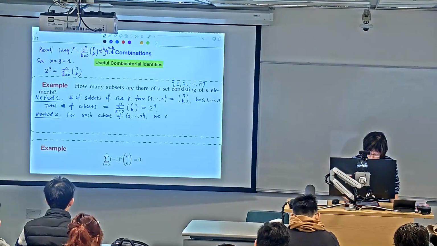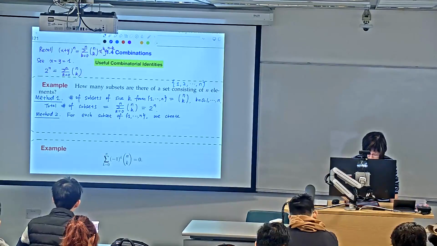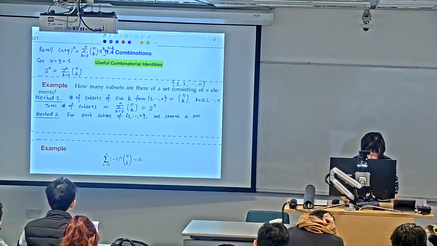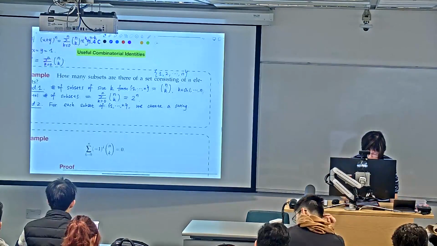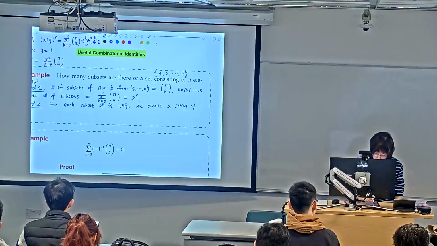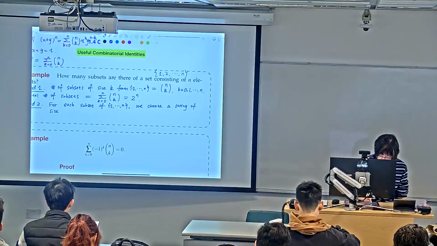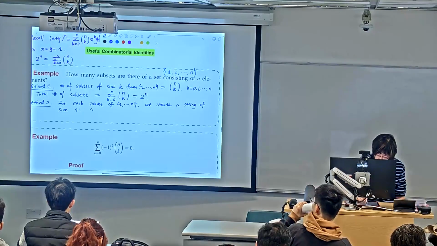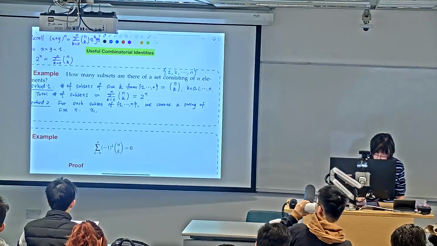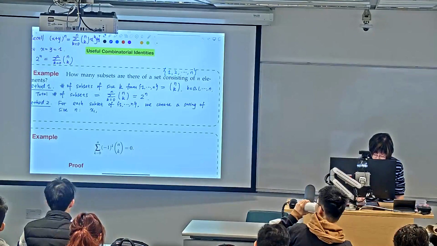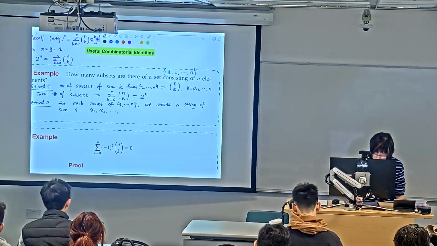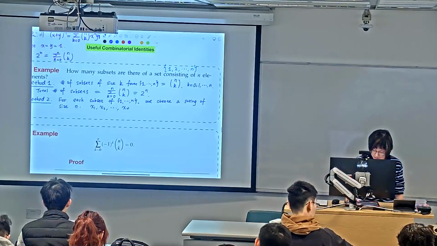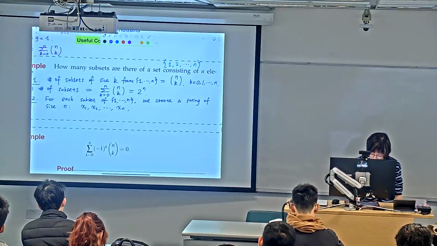So what we do is that we create a string of size n. In general, each string looks like a list of n numbers, x1, x2, to xn, just values.